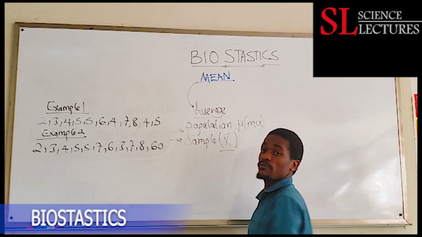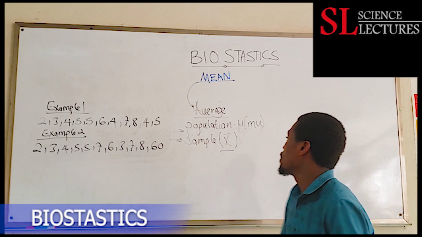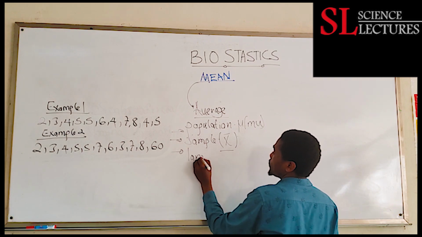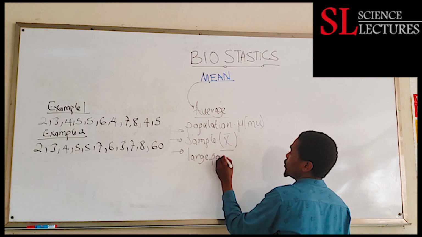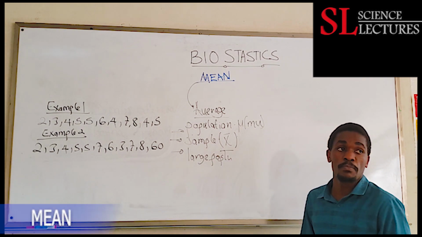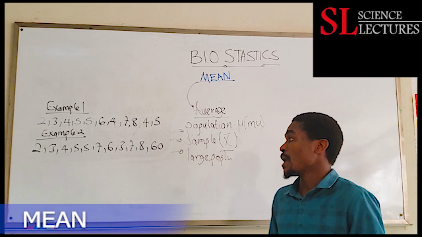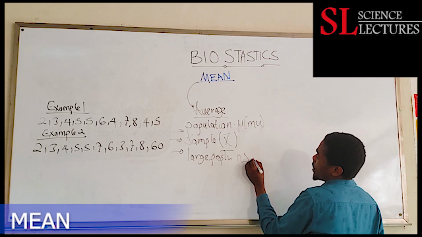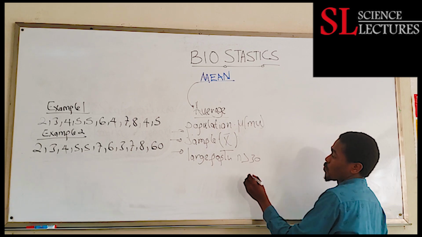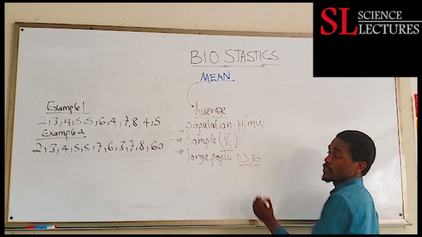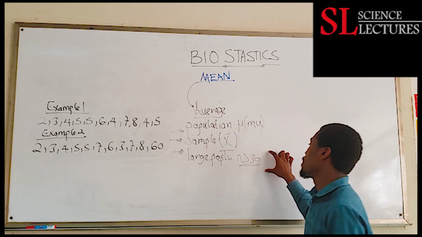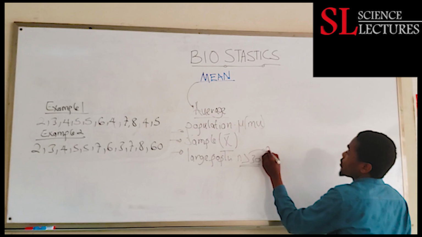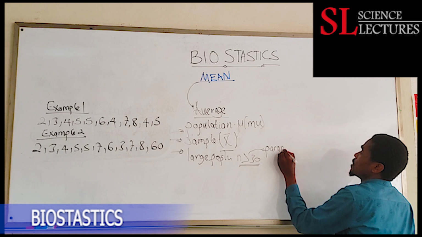You need to know a basic thing about mean when we have a large population with normal distribution. In statistics, what do we mean by a large population? A large population is one where n is greater than 30. Such a large population will go for a test referred to as a parametric test.